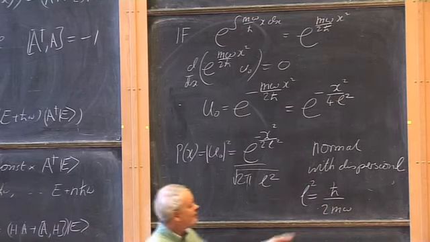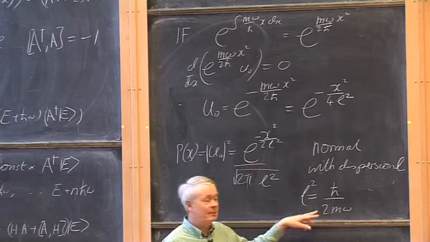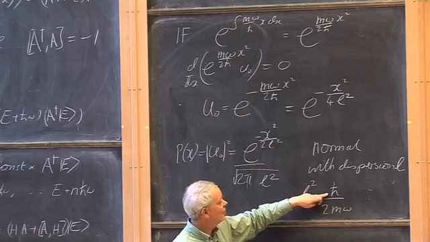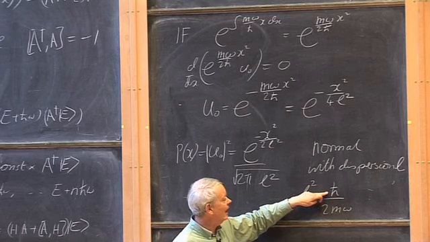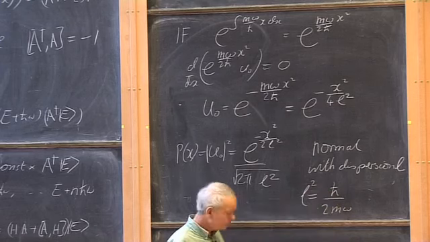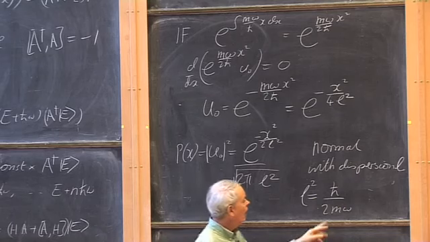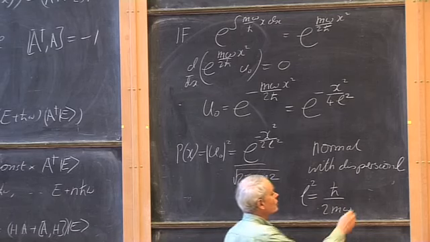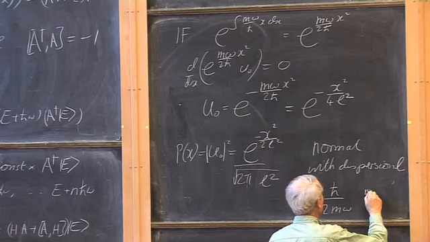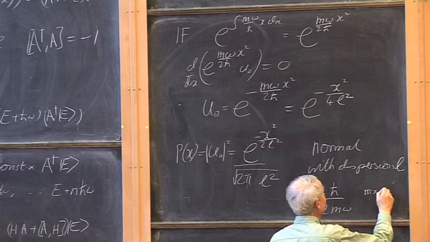Let's check that this has the right dimensions. One should always be checking one's dimensions in physics. This has the dimensions of momentum times distance, so m, x, v.